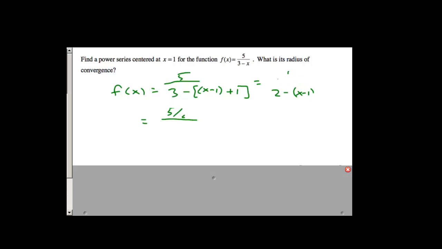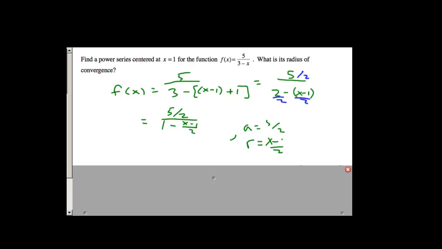So if we divide each of these terms by 2, we get 5 over 2 times 1 minus x minus 1 over 2. Now this is falling into a geometric series. So we get that our a value is 5 halves, and our multiplier, r, is x minus 1 over 2.